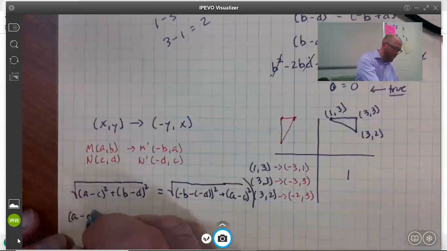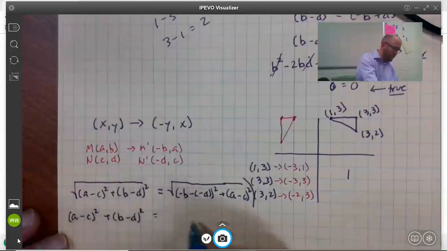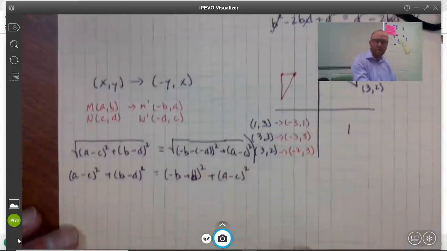So (A minus C) squared plus (B minus D) squared equals (negative B, and I'm going to change this into plus D) squared, plus (A minus C) squared. Okay.